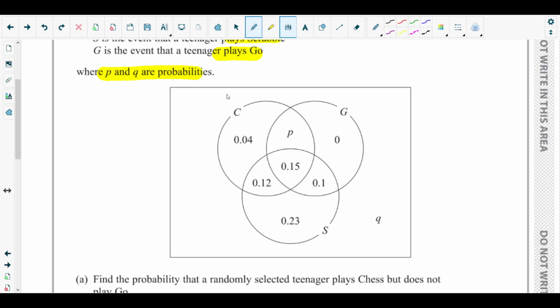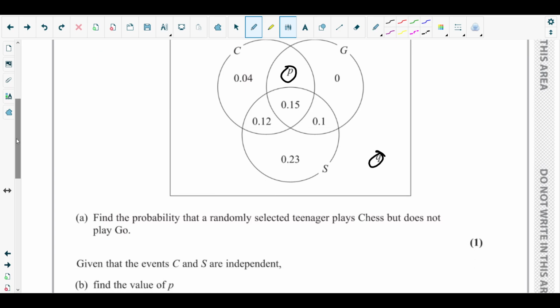The question asks to find the probability that a randomly selected teenager plays chess but does not play Go.